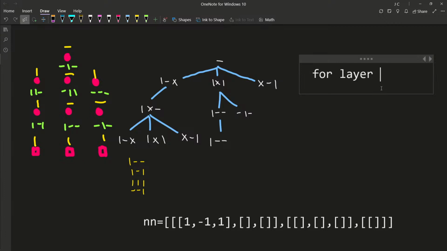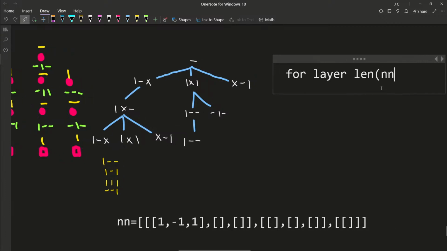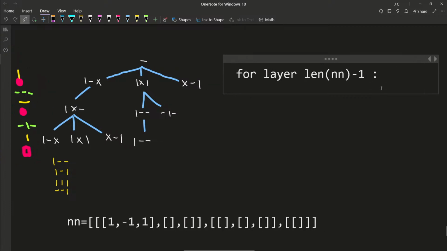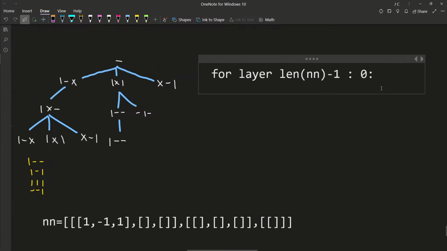You start at length of neural net minus 1, and you go to 0, whatever. Great.